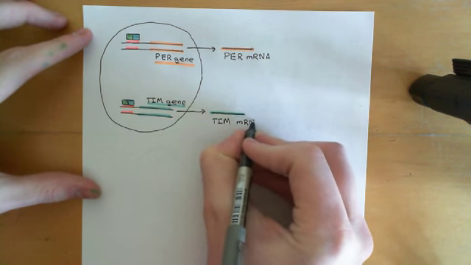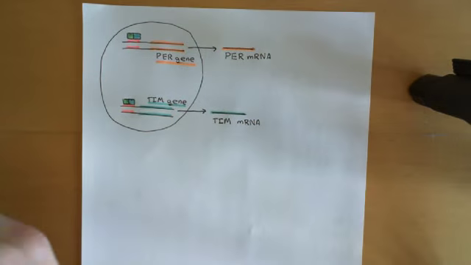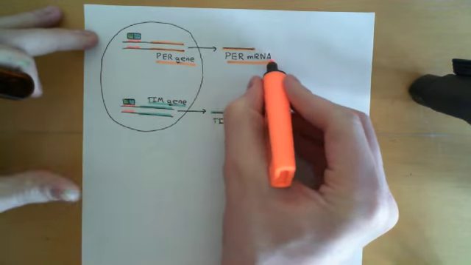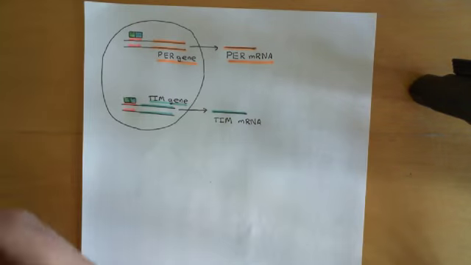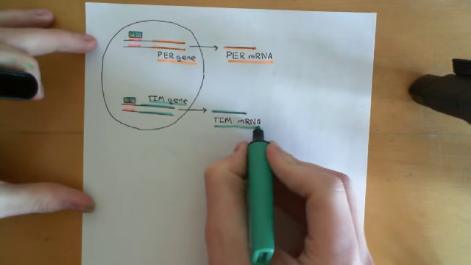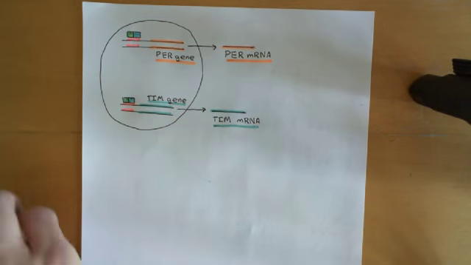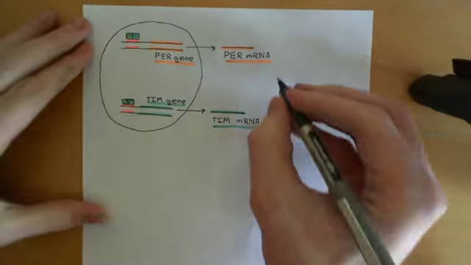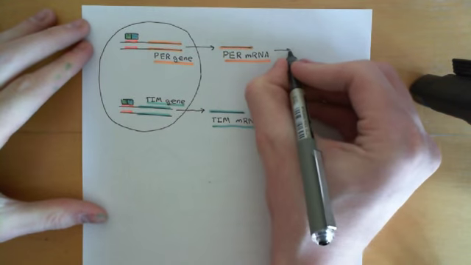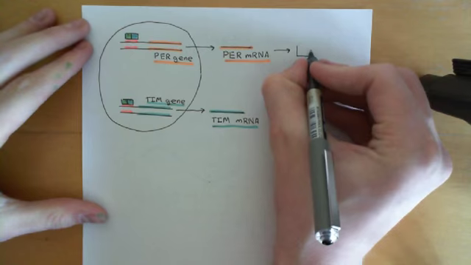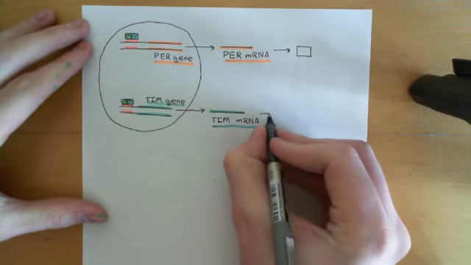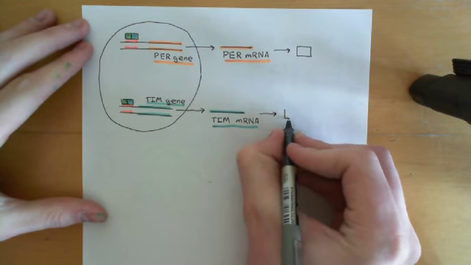Now what will obviously happen is the period and timeless mRNAs will both be translated into period and timeless proteins. So now period and timeless proteins are going to start going up in the cytoplasm, and that's exactly what we wanted to happen. You'll remember that on that graph, period and timeless go up during the day.